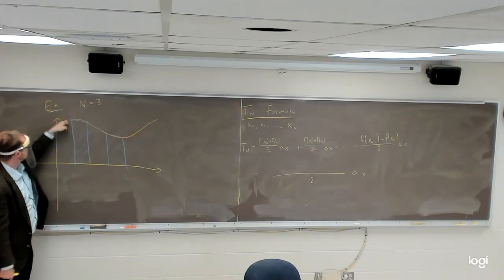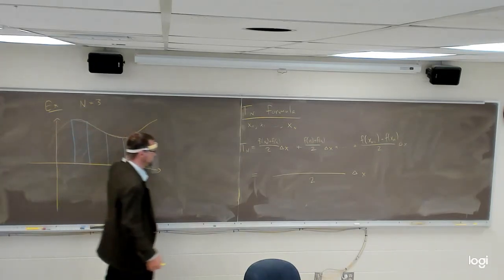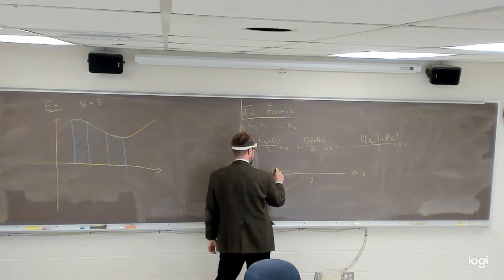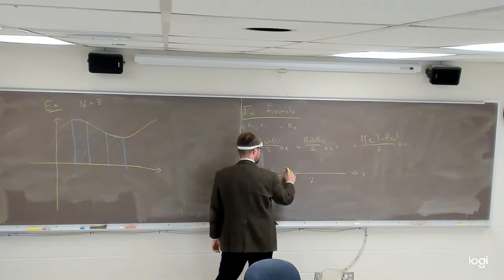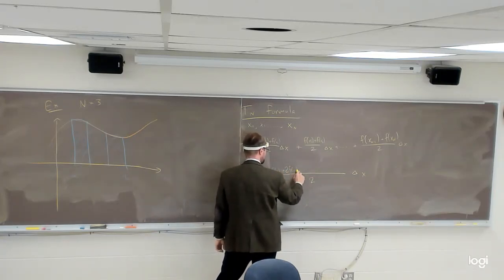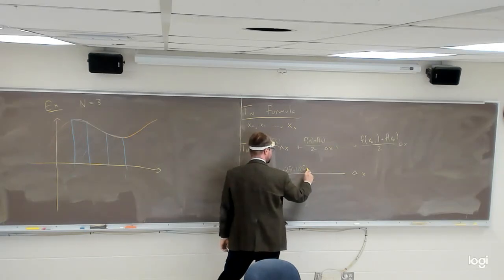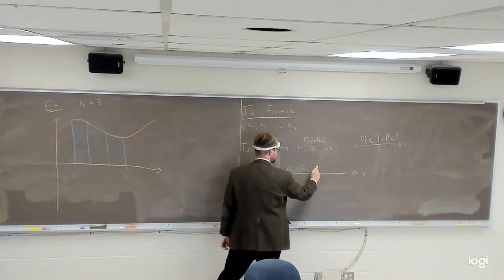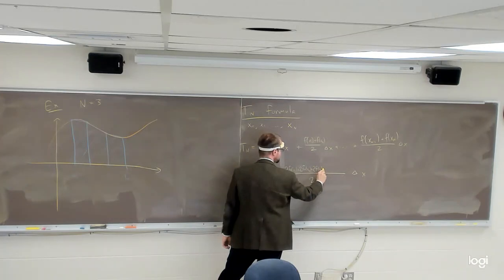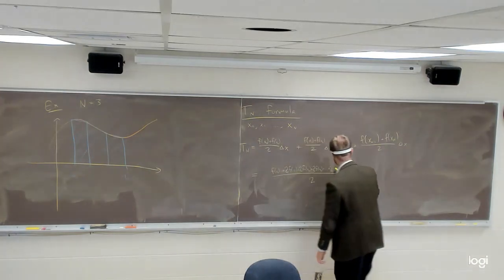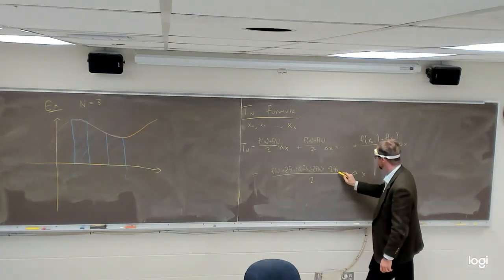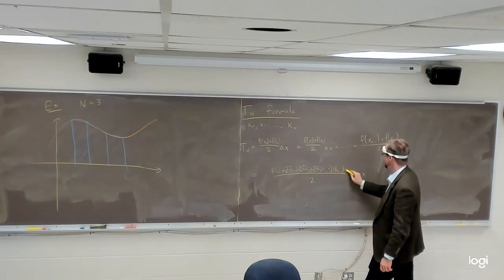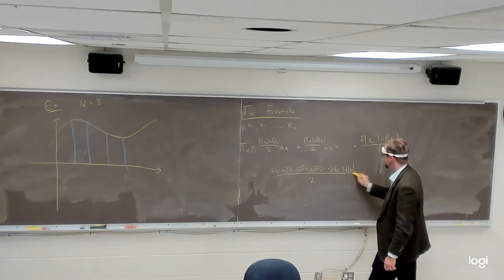They all get doubled except for the very leftmost and the very rightmost. So I have f of x0 plus 2 f of x1 plus 2 f of x2 plus 2 f of x3 plus 2 f of the next to last one, and then f of the last one by itself.